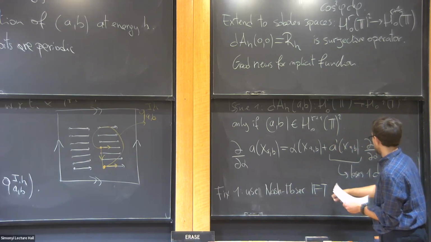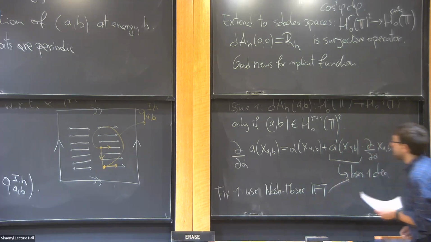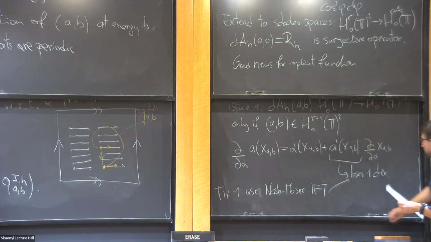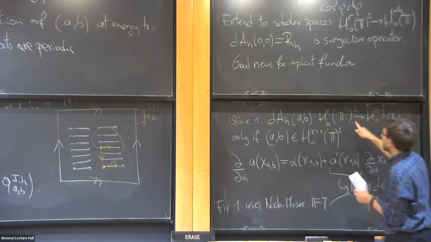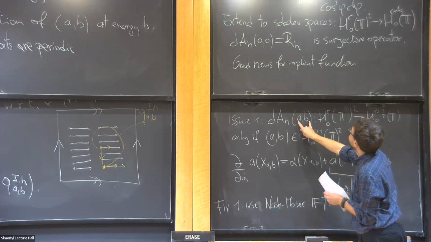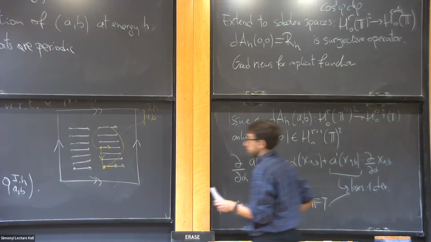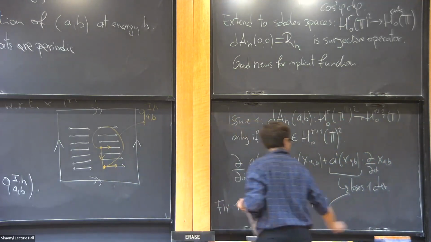So this takes care of this. But the problem is that even if you imagine taking care of this, these maps are not close to each other if A and B are close to each other. So this is the second problem.